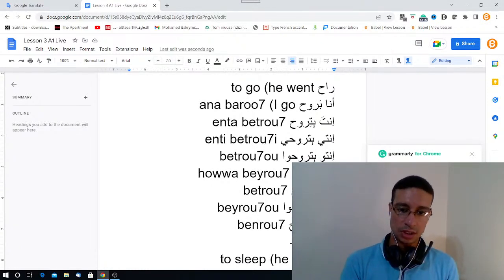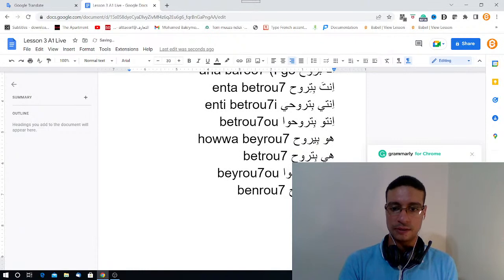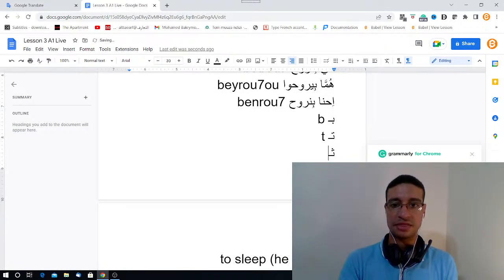If you have one dot under the letter, it's ba. This one is ba, and this one is ta, and this one is tha, like in the word thin, for example.